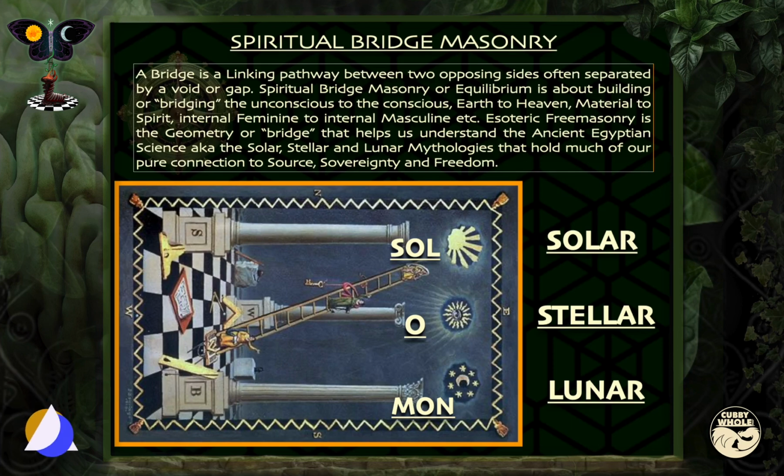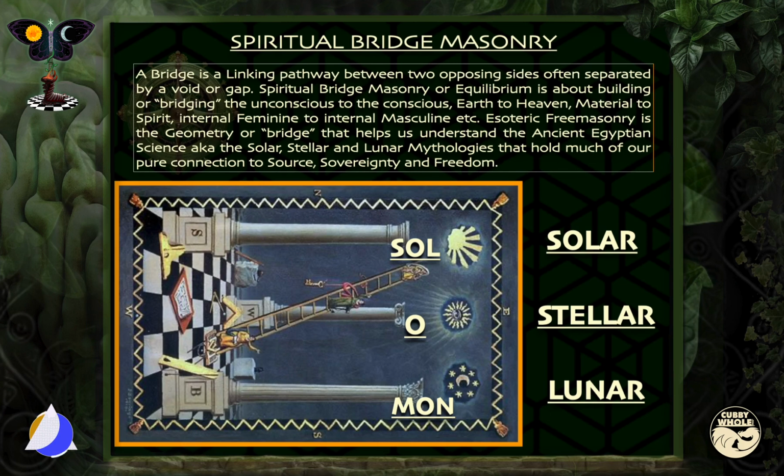Okay. Now, this is what I refer to as spiritual bridge masonry. A bridge is a linking pathway between two opposing sides, often separated by a void or a gap. So just think about what I just said with the hemispheres of the brain. Okay, so spiritual bridge masonry is all about building or bridging the unconscious to the conscious, or earth to heaven, or material to spirit, or internal feminine to internal masculine.